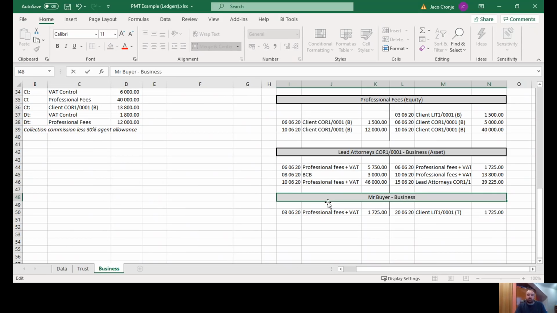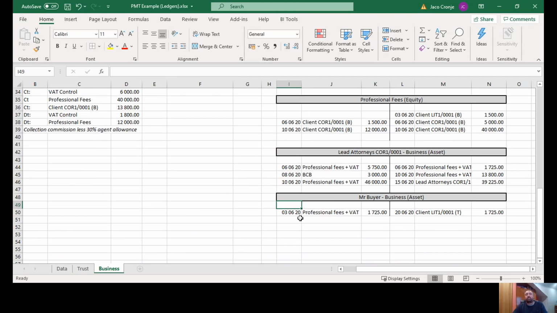Mr. Buyer business is an asset because in future I will receive funds because of this transaction. Now, will Mr. Buyer owe me more or less? Is it a debit or a credit in his account? He's an asset, so he owes me 30,000 Rand.